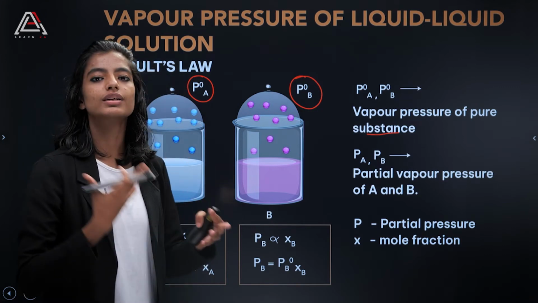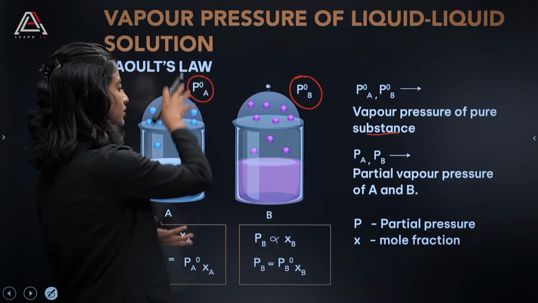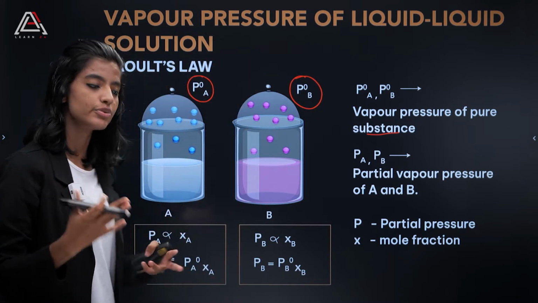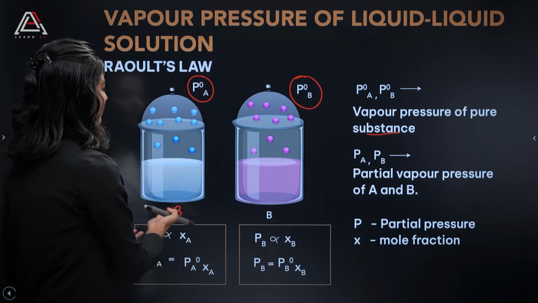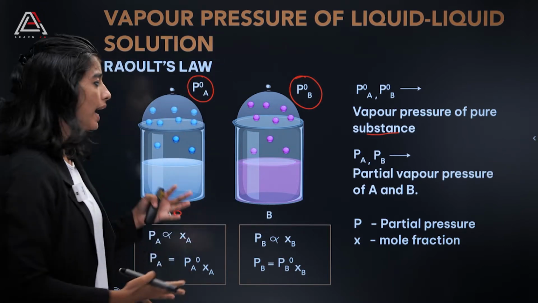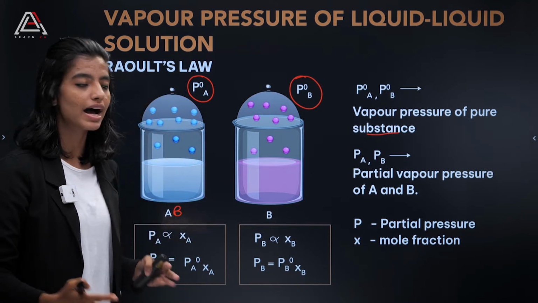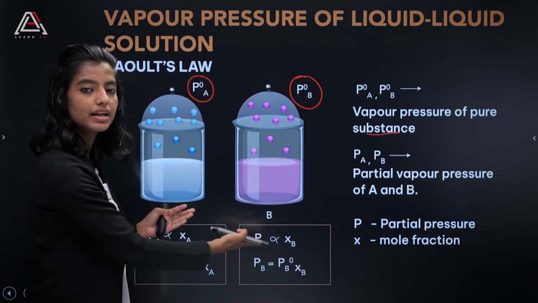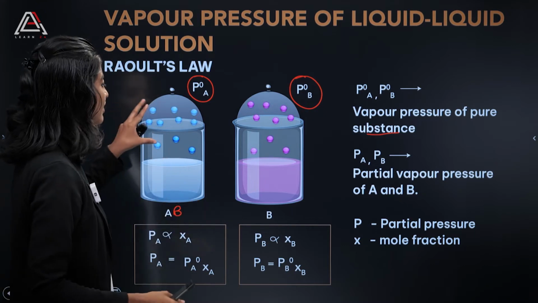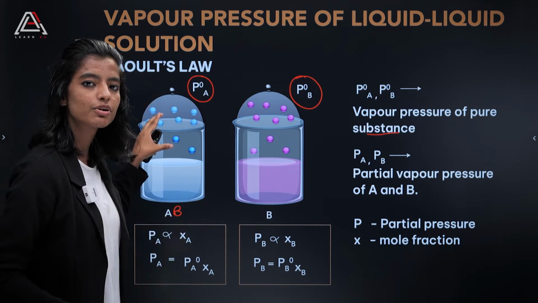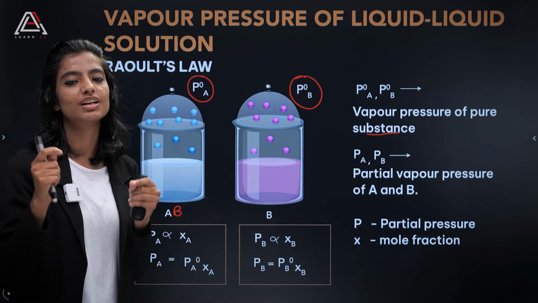Now, in order to get a solution, I have to add this solute to the solvent. When I add B to A, I will get a solution AB. The total vapor pressure of AB is contributed by both the components A and B, called the partial vapor pressures.